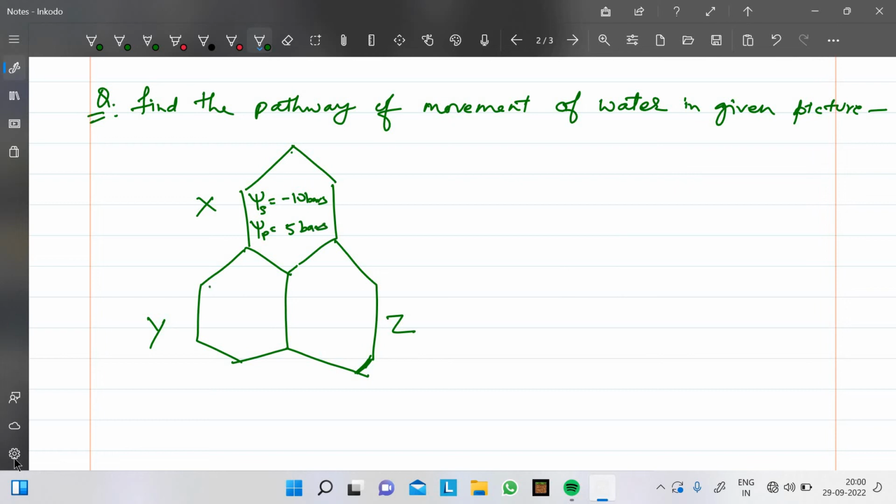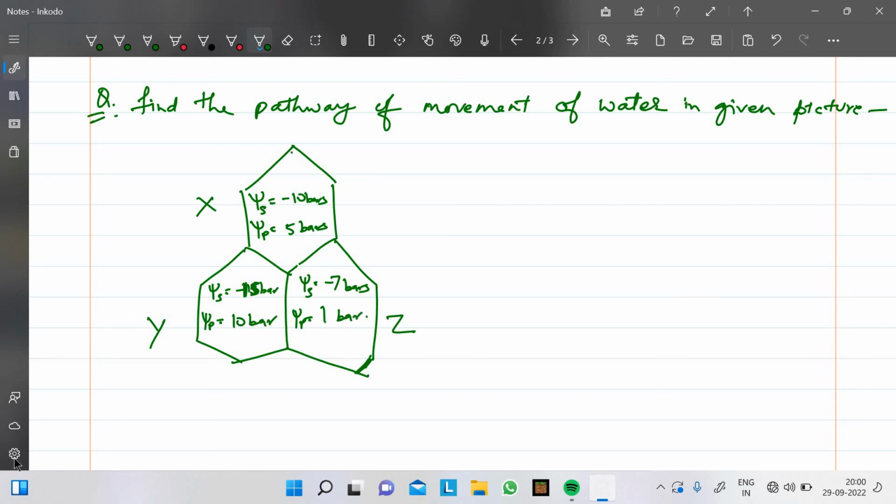For cell Y, solute potential minus 15 bar and pressure potential is 10 bar. And for cell Z, solute potential is minus 7 bars and pressure potential is 1 bar.